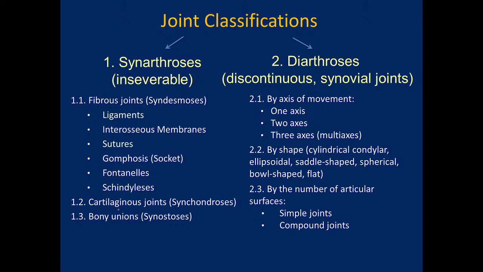First of all, I'd like to tell you something about joint classification. As you see here, there are two main types of bone joints in anatomy. The first group is called synarthrosis.